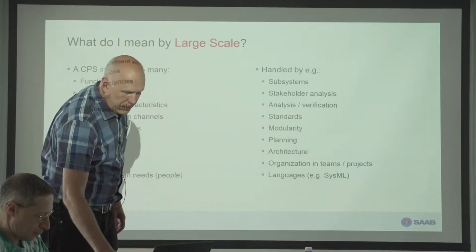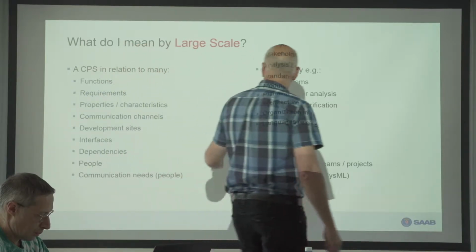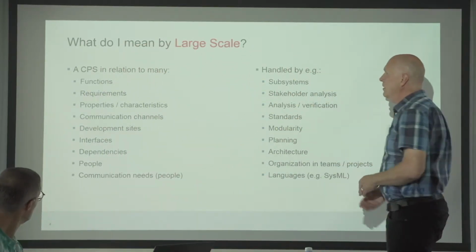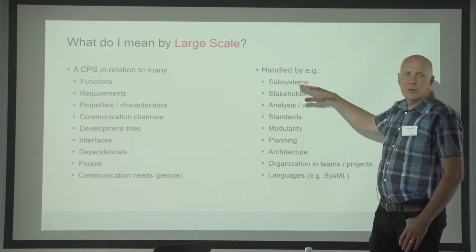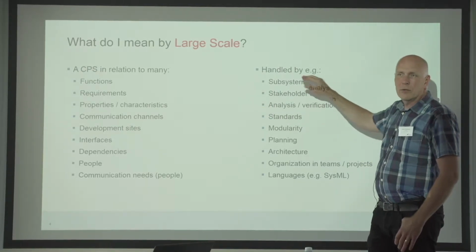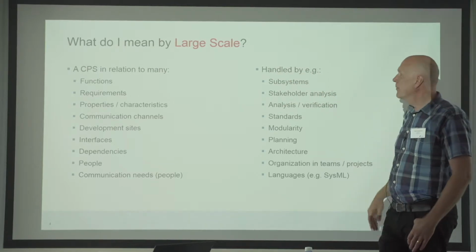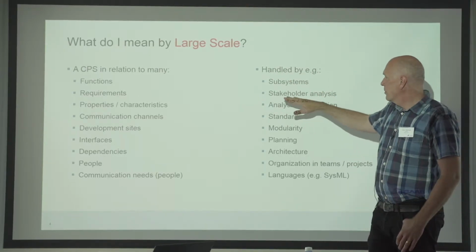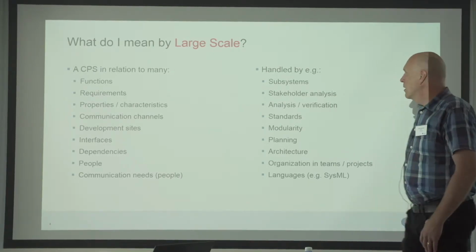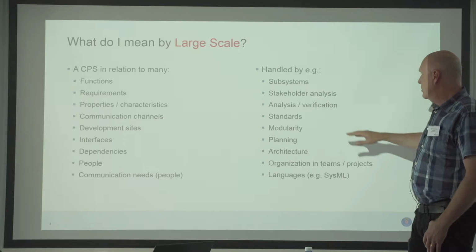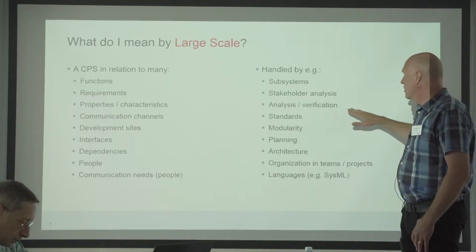Of course, there are a lot of things to do, but typically we have to divide the functionality into subsystems and have responsibilities for each function very clearly. Requirements: we need proper stakeholder analysis for all the requirements. Properties: here is where modeling and simulation comes in.